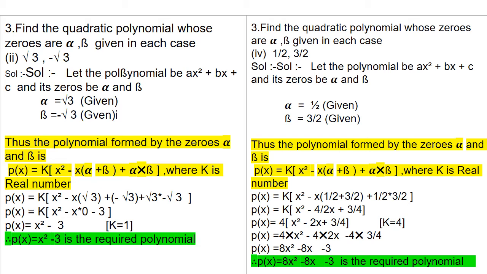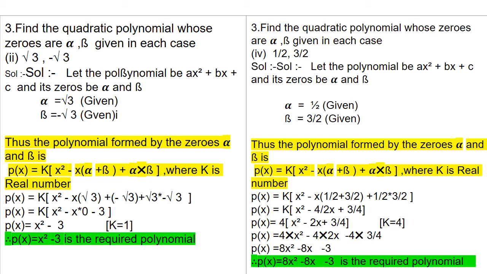So root 3 plus minus root 3, the second term, is equal to 0, so that is 0 into x. The third term, root 3 into minus root 3, is equal to minus 3. So p of x is equal to k into x square minus x into 0 minus 3. x into 0 is equal to 0. Therefore p of x is equal to x square minus 3 where k is equal to 1. Therefore the required quadratic polynomial p of x is equal to x square minus 3.